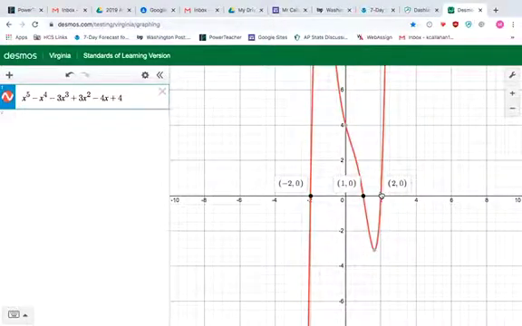Now you might ask whether it's possible that this graph comes back around. You know, maybe after I get to 10, it comes back around. I could keep zooming out. There's never going to be a guarantee that it doesn't cross somewhere. But how many turning points do we expect from a 5th degree polynomial like this? And remember that the answer to that is 4 turning points.